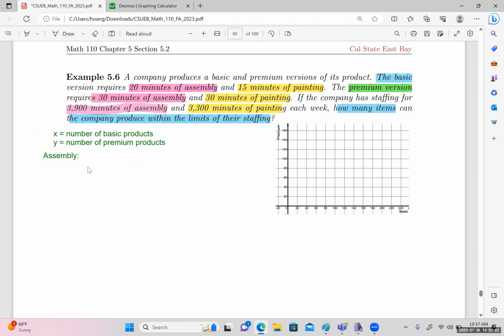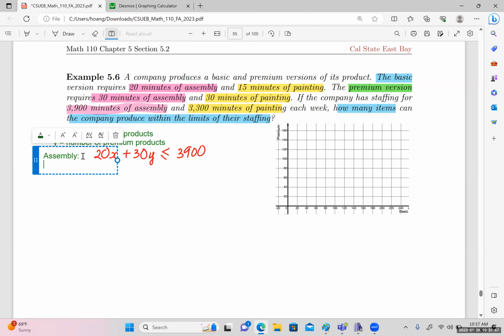Okay, so let's write. For the basic, it is 20 times the number of basic, which is x, and then adding 30 minutes times the number of premium, which is y, less than or equal to 3,900. So that is the first inequality.